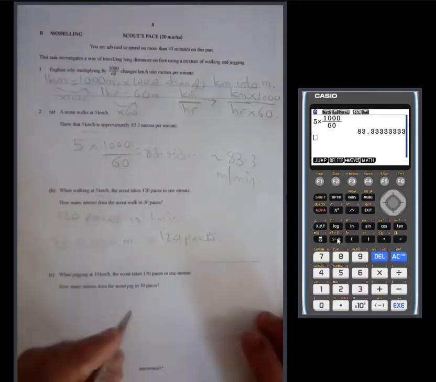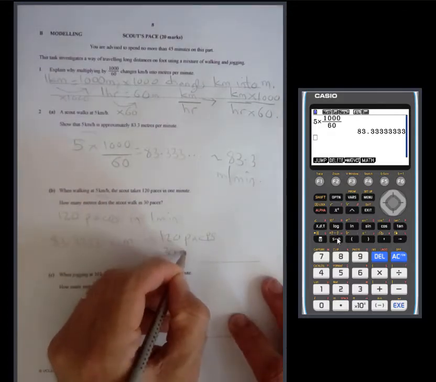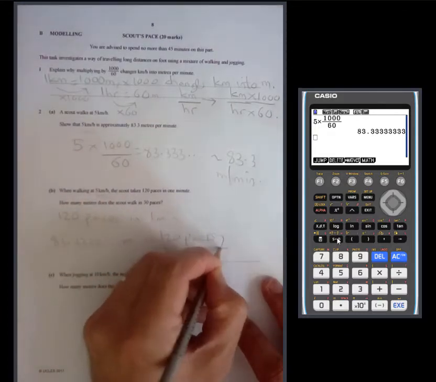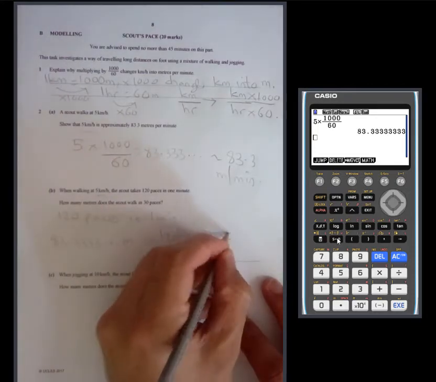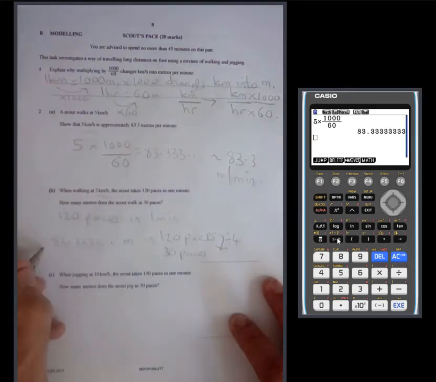So if I want to know, well, in 30 paces, I can use direct proportion. To turn 120 into 30, I divide by 4, so I must do the same on the other side. Divide by 4.